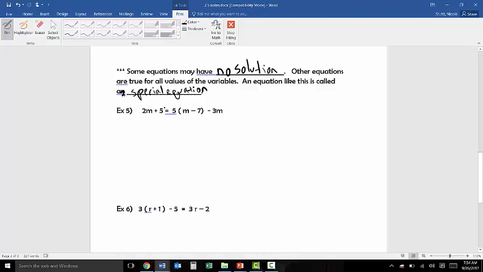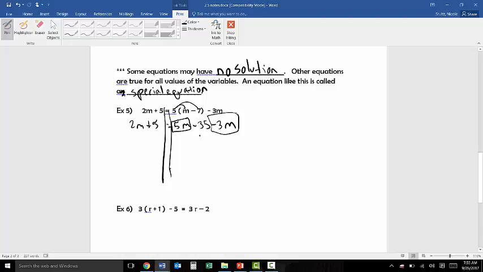If you look at example 5, we're obviously going to start by distributing 5. So that I have 2m plus 5 equals 5m minus 35 minus 3m. And then I'm going to combine my like terms. So I don't want you to write plus 3m plus 3m. Combining does not mean to do that. It means simply put together.